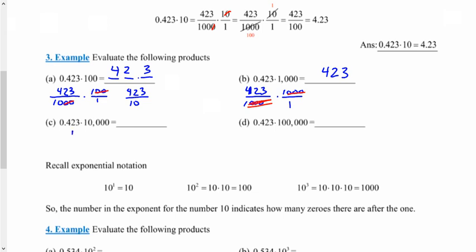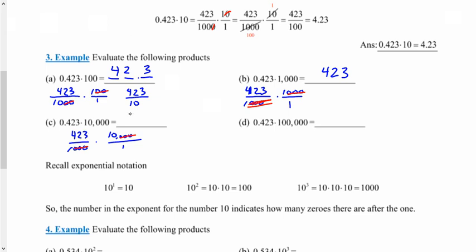Okay, so how about now? We've got 423 thousandths times 10,000. So now when we cancel, look at this. I can't even cancel all the zeros this time. I still have a 0 left here. So I'm just taking 423 times 10. And whenever you're multiplying a number by 10, you just add a 0, or you move the decimal to the right.